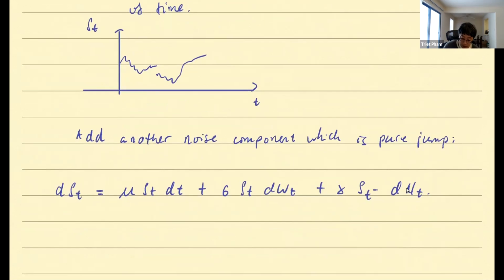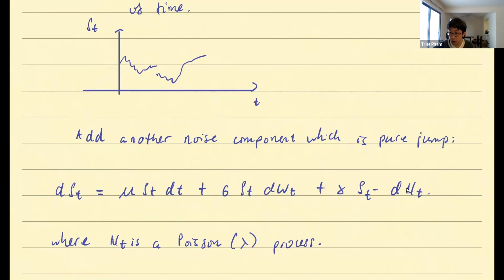So first, let's just see what it is, where N_T is a Poisson process. And this is the Poisson lambda process. This is the most basic level, and we can modify the jump model, the jump source, to incorporate more interesting behavior. But for now, let's just try to understand what it is.